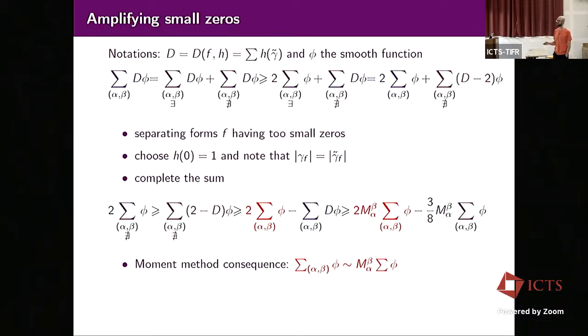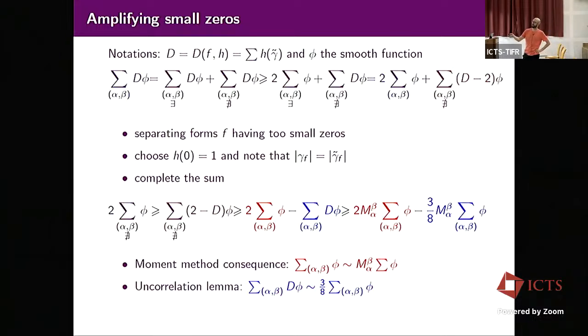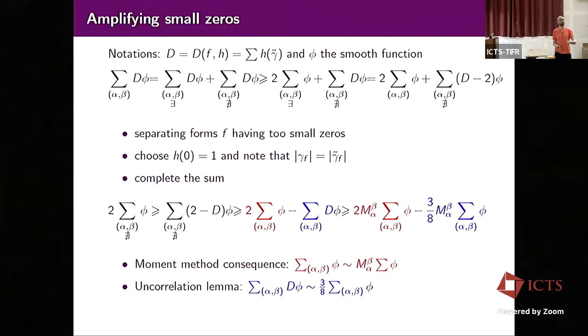That's the proportion. And then for the other sum, I said it's uncorrelated. So this is the limiting one level density times the number. The limiting one level density is the integral of phi times w, of h times w. But h is explicit. I just pick one, and w is explicit. It's one of the 5 types, and I can compute it, and it's 3/8.